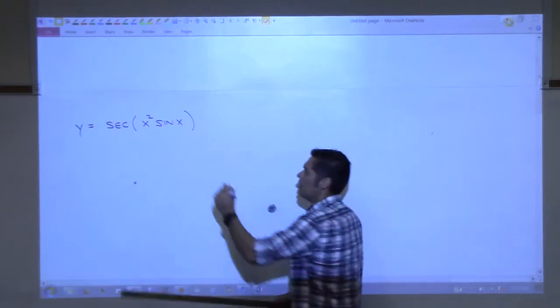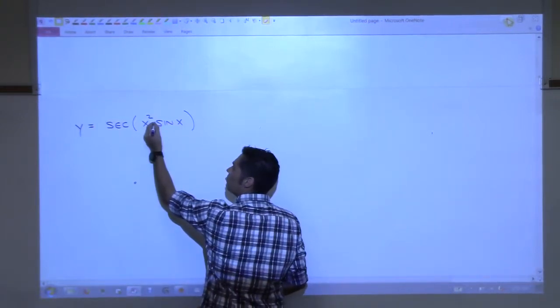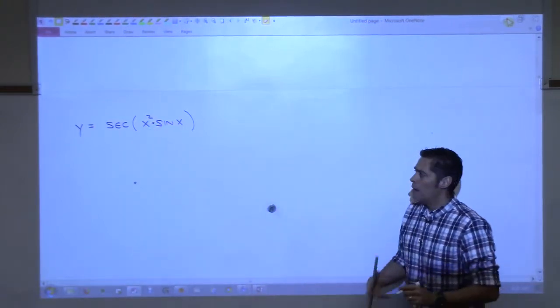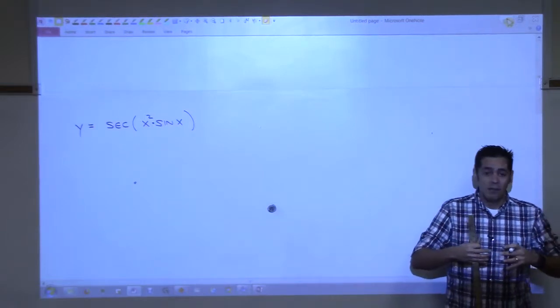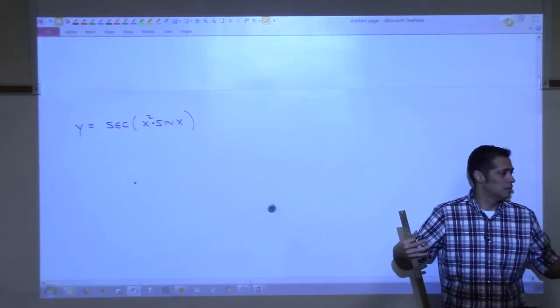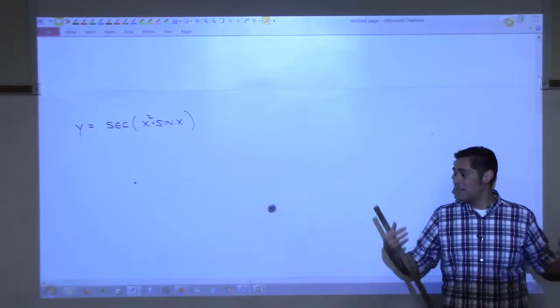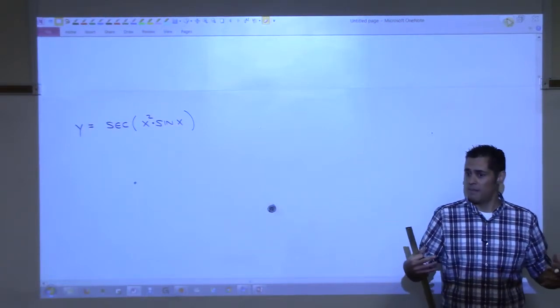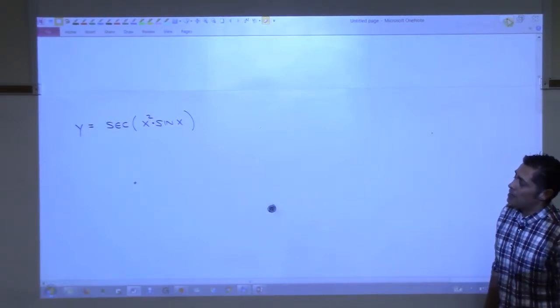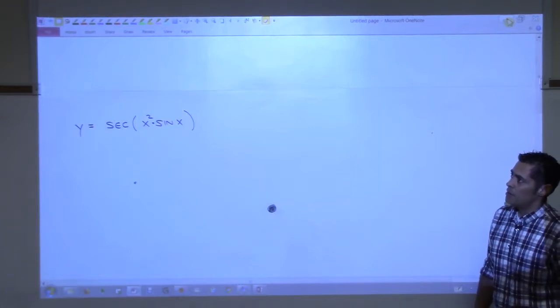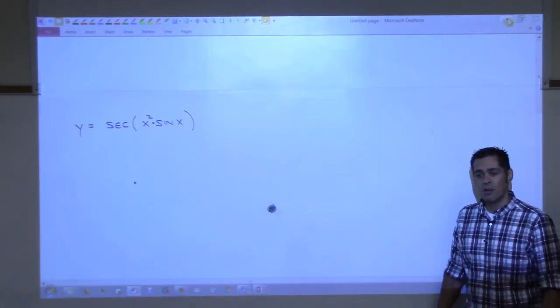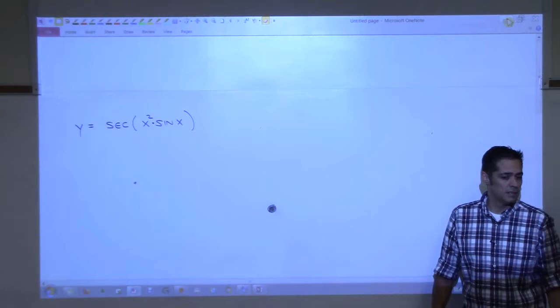Multiply them together, right? So we do have a product here, don't we? But then after we do that, we would take secant of it. So the outside, last thing happening is secant, yes? So that means if we want to take the derivative of this, we have to start out with the chain rule, starting with the derivative of secant.